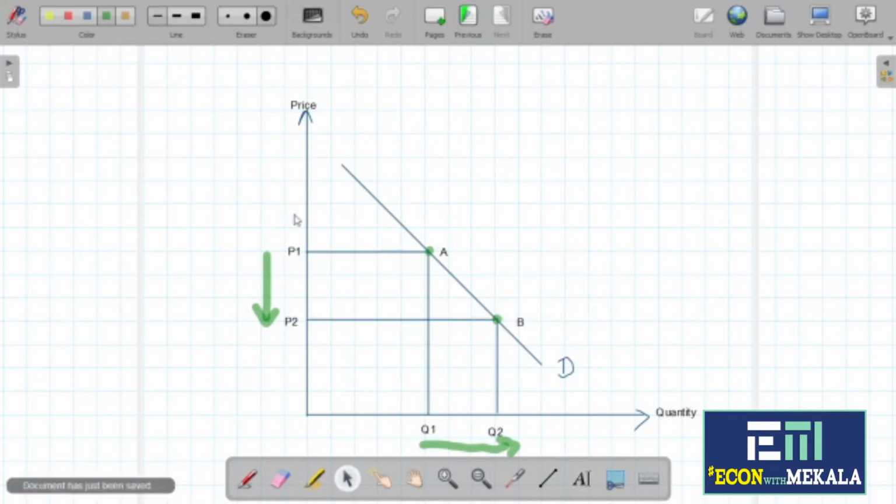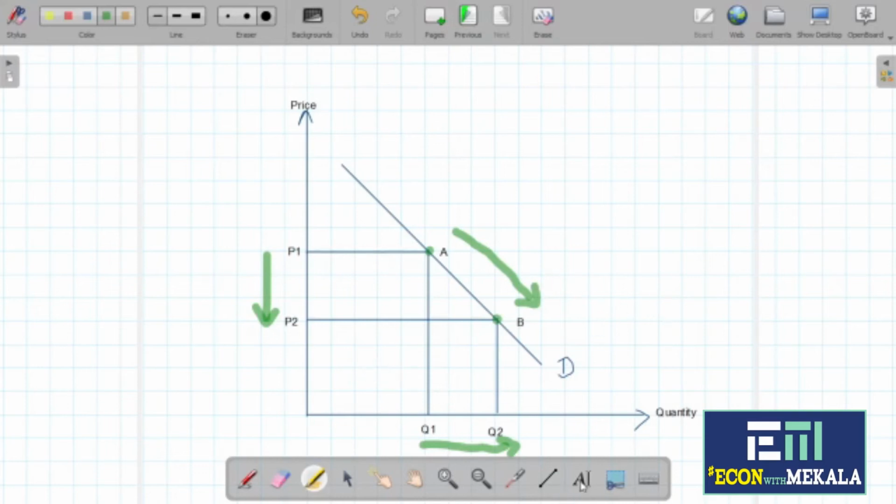Now you all can see I have changed the prices from P1 to P2, followed by that my quantity has increased from Q1 to Q2. There are no changes to the demand curve. It did not shift either right or left, but there is a movement along the demand curve. That is from point A to point B. So this graph can show you when all other determinants of demand remain constant, if there is a change in price, there is a movement along the demand curve.